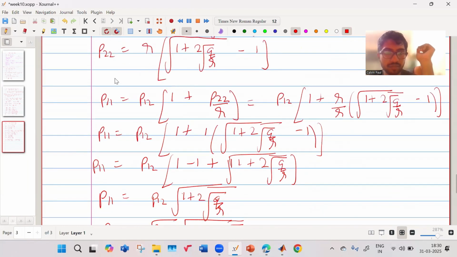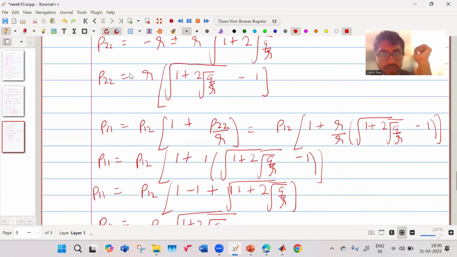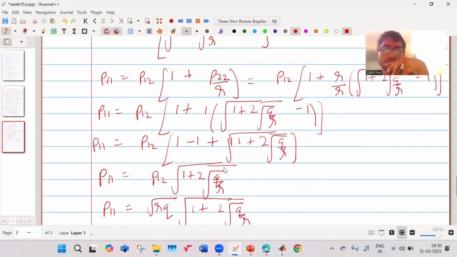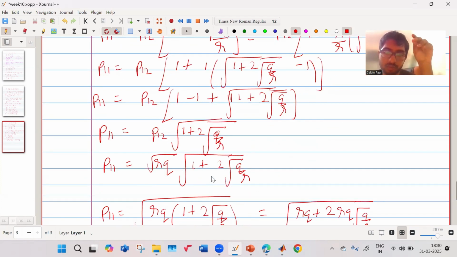So that becomes equal to P12 into 1 plus P22 upon R. So 1 plus R becomes square root of 1 plus 2 square root of Q upon R minus 1. But the 1 and minus 1 get cancelled. So this is 1 plus 2 square root of Q upon R.